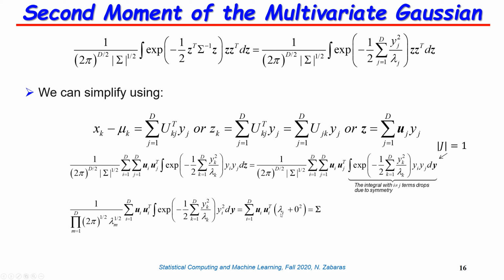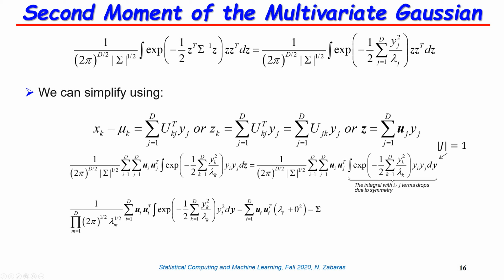So effectively what you get is the summation of lambda i times ui ui transpose, which is the covariance matrix sigma. We have done this calculation for this second moment, and for the second term it gives us this covariance matrix.